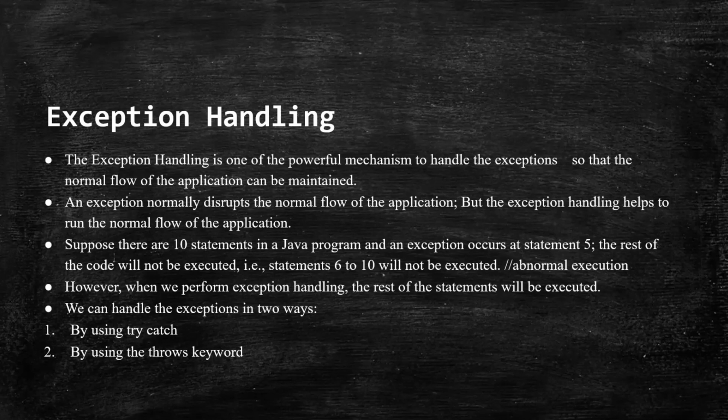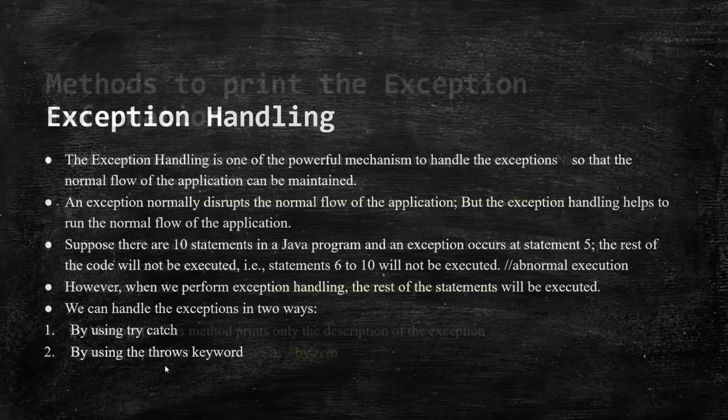If you did not handle the exception, the JVM by itself will show that the exception occurs at this place and then terminate the program. But if you use certain techniques and handle the exception, the normal execution of the program continues. All 10 statements will be executed.